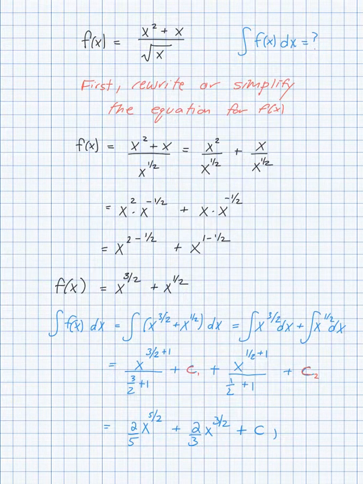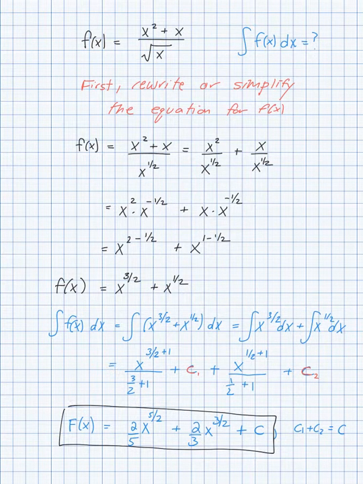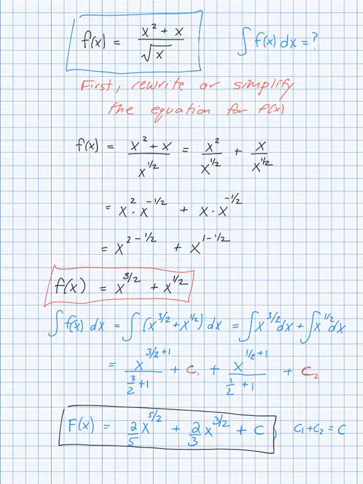And essentially what I've said is that C1 plus C2 is C. That's basic. That's implied. So this would be an antiderivative of the function that we started with above, and which we rewrote to make integrating not only simpler, but more approachable.